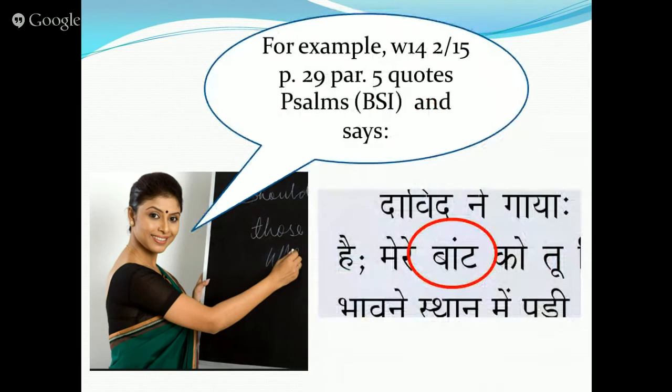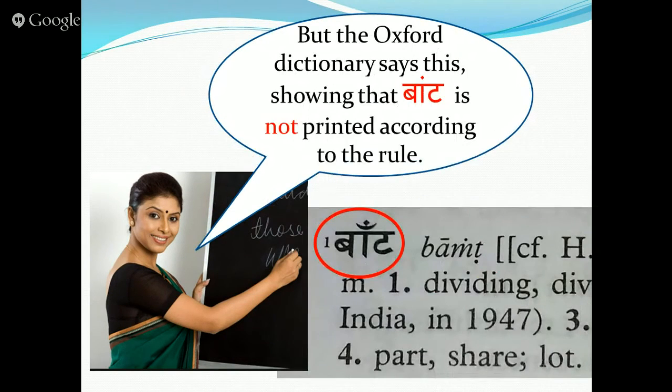So, for example, we have this quote here, and it's from the BSI Bible Psalms. And here you see it has that with the dot. However, if we look in the dictionary for that thing with the dot, we will not see it. Why? Because in the dictionary it has the actual spelling, which has the Chandrabindu.